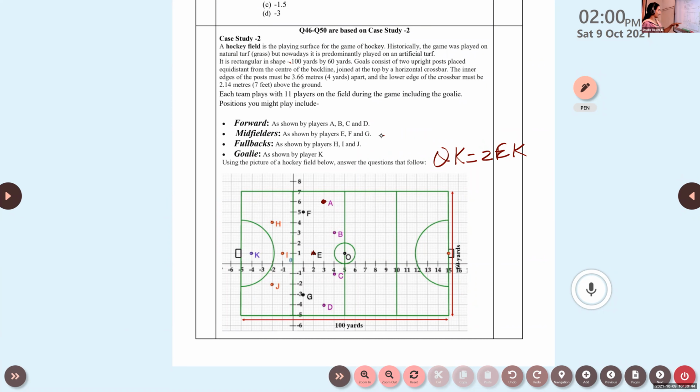What about K? The point K is given as -4, 1, isn't it? What about E? 2, 1. Q we don't know. You take Q as X, Y. Use the distance formula, equate, square on both sides, simplify and find the value. Okay, same way, try to complete the next question.